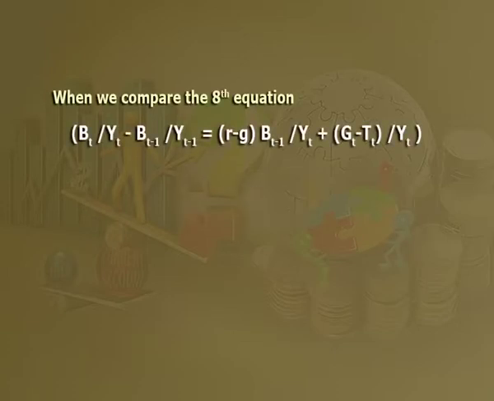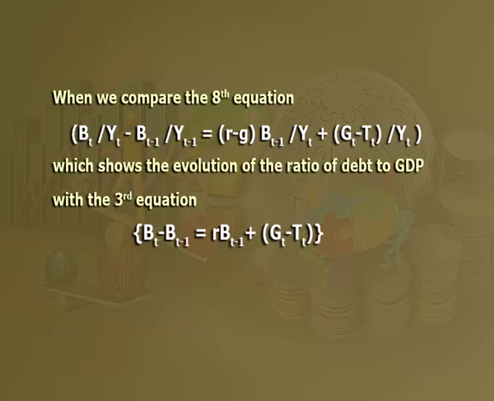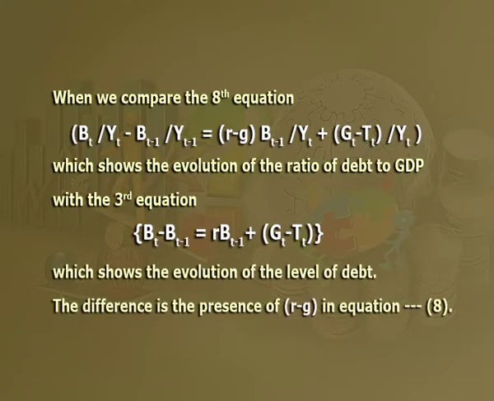When we compare the equation 8, that is Bt divided by Yt minus Bt minus 1 divided by Yt minus 1 is equal to (R minus G) into Bt minus 1 divided by Yt plus Gt minus Tt divided by Yt, which shows the evolution of the ratio of debt to GDP, with the equation 3, that is Bt minus Bt minus 1 is equal to R into Bt minus 1 plus Gt minus Tt, which shows the evolution of the level of debt.